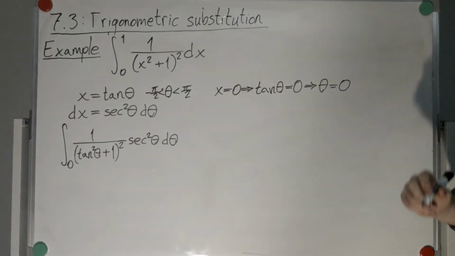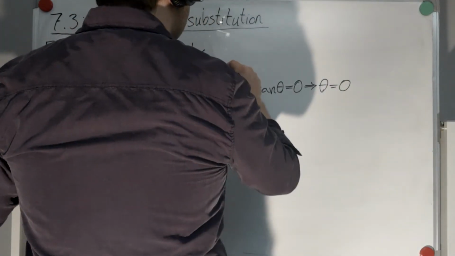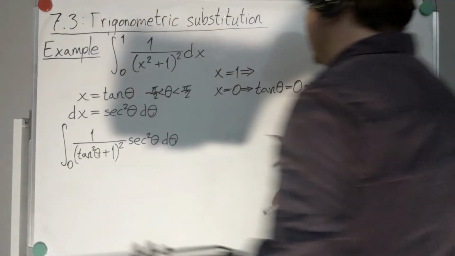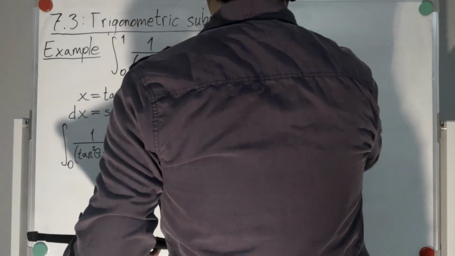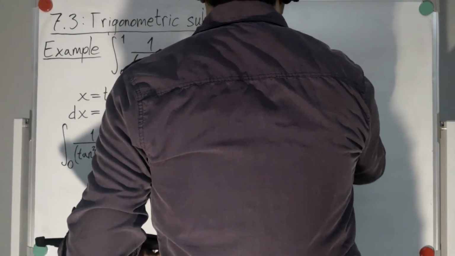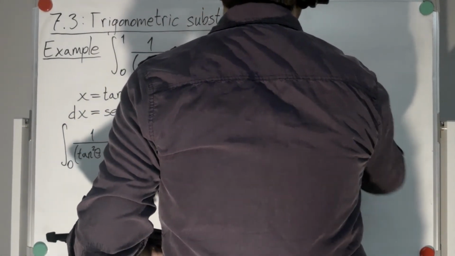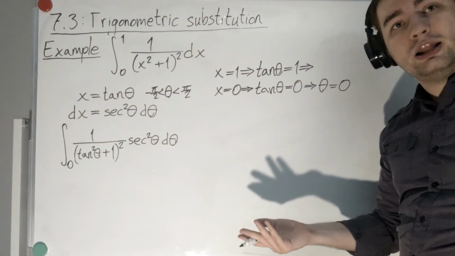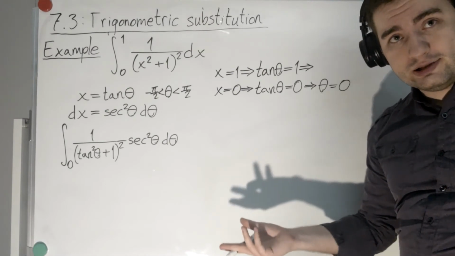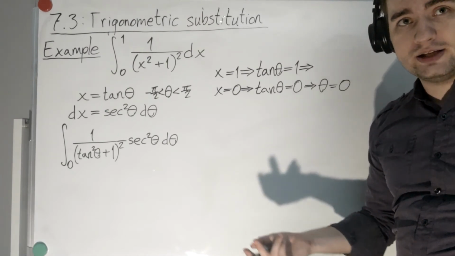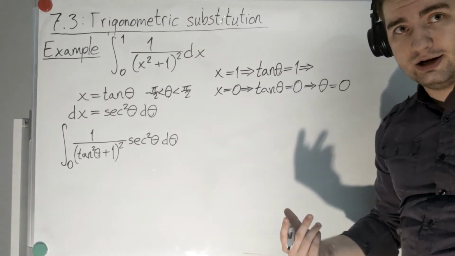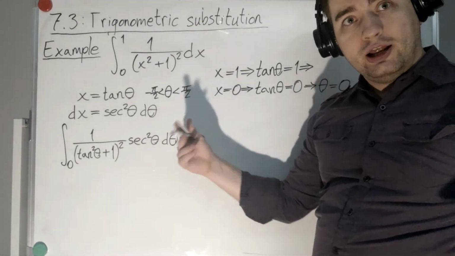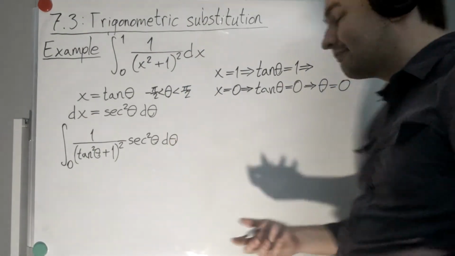Now about the upper bound, well, for the upper bound we're saying x equals 1. That's the same as saying tangent theta equals 1. And then tangent theta equals 1, how do you solve that equation? Well, that's the same as saying sine theta over cosine theta equals 1, which in turn is the same as saying sine theta equals cosine theta. The only time that that happens in this range is at pi over 4.